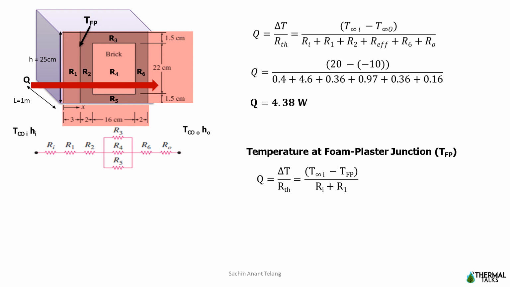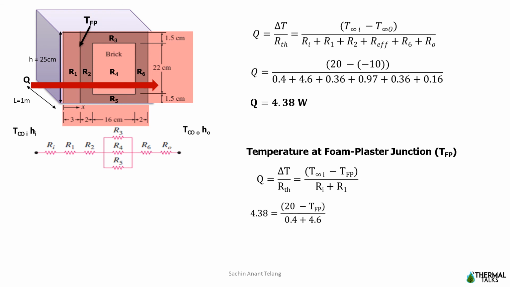And from the fluid to the junction, what are all the resistances? We have the convective resistance from the fluid to the wall, and within the foam I have the conductive resistance of foam. So I have one convective resistance, and I have conductive resistance Ri plus R1 from temperature T infinity I to TFP.